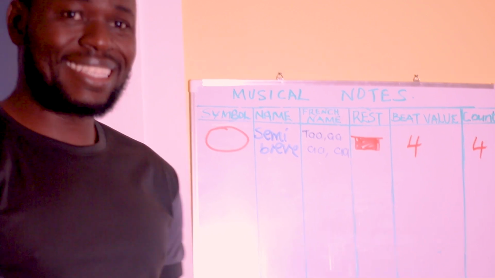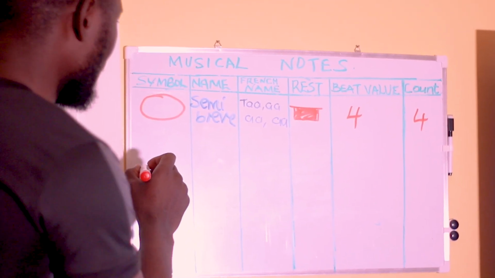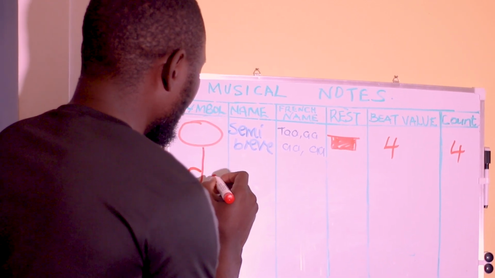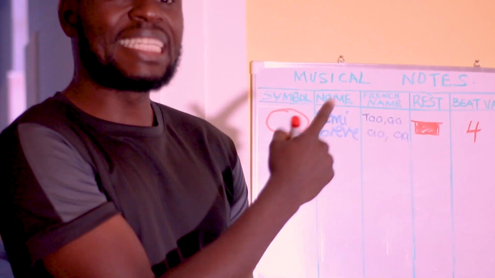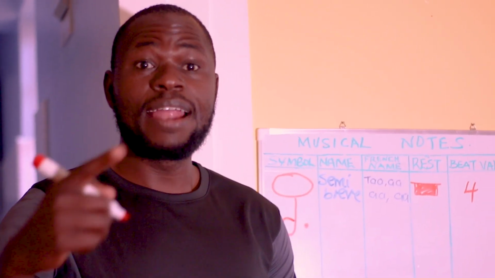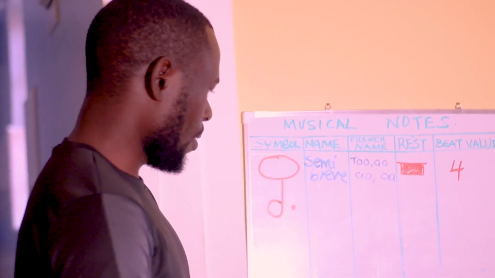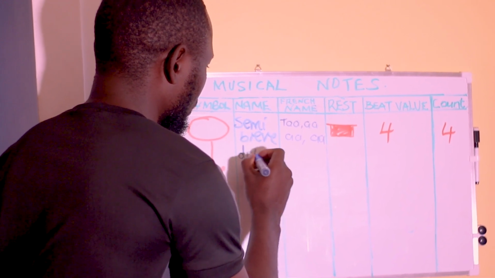Then we come to the next note, a dotted minim. This is a minim, but it is dotted. When a minim has a dot, we call it a dotted minim.